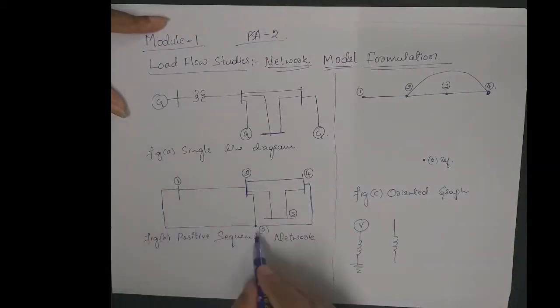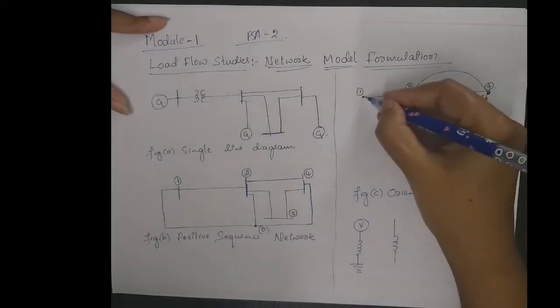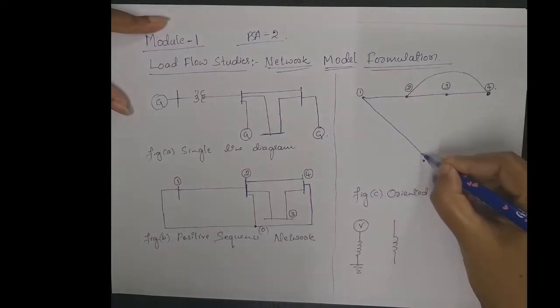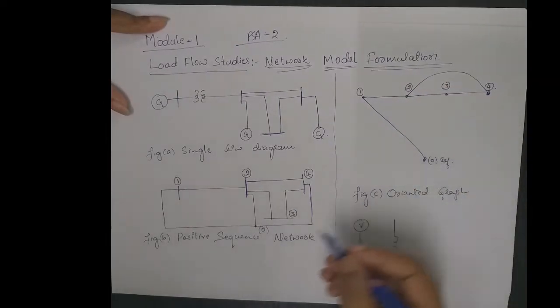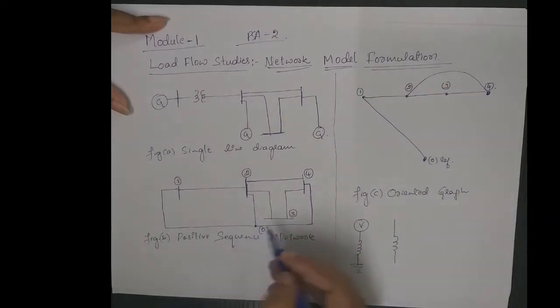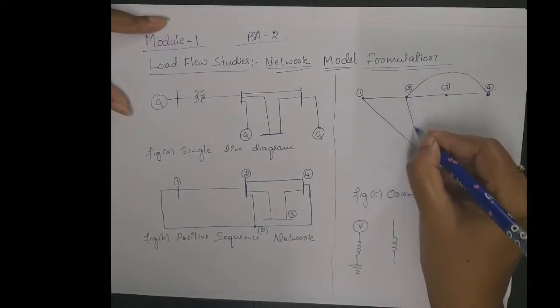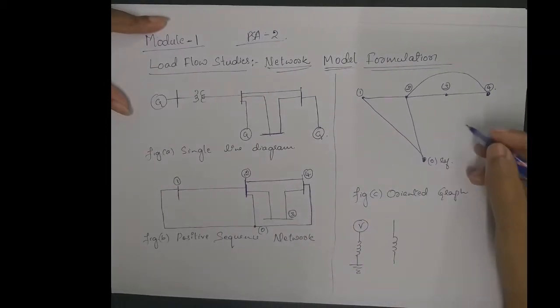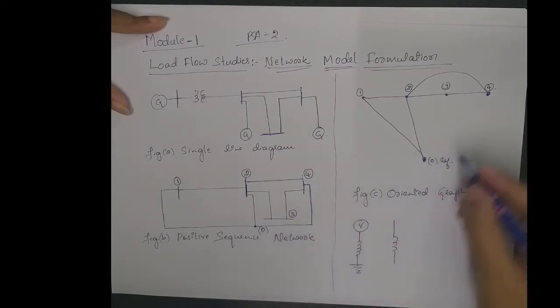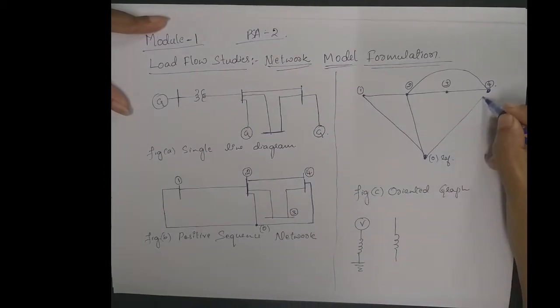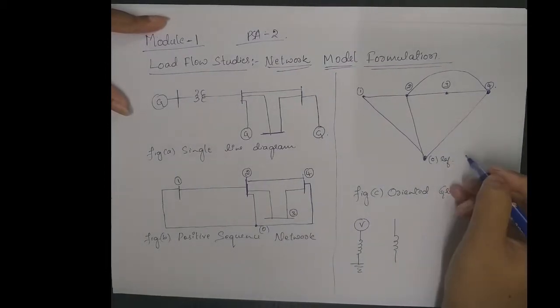Again, from 1 to 0 or reference, there is a line segment or element. Again, 2 to 0, there is an element, and 4 to 0, there is an element. This is just a graph.